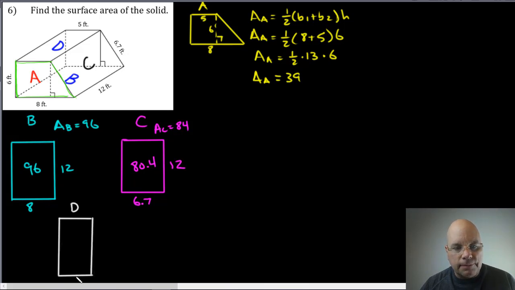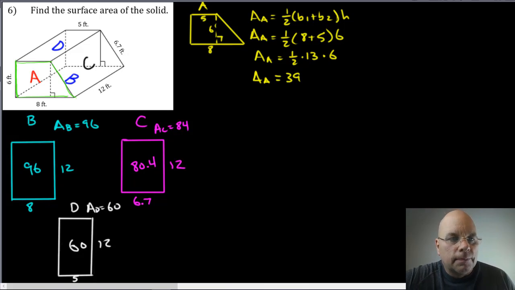D is 5 by 12 for a total area of 60 for face D. And lastly, face E will be this back face. Back here.